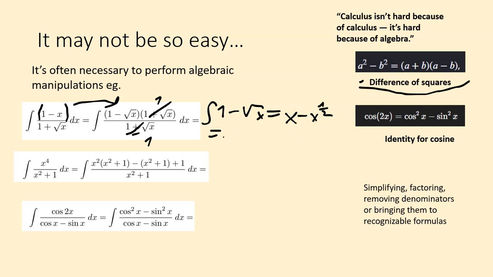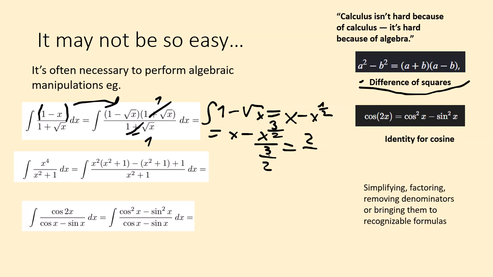Then it will be very easy. It's going to be x minus x to the power of 3/2 over 3/2. Then it will be x minus 2/3. x remains the same, so we don't need to focus on it.